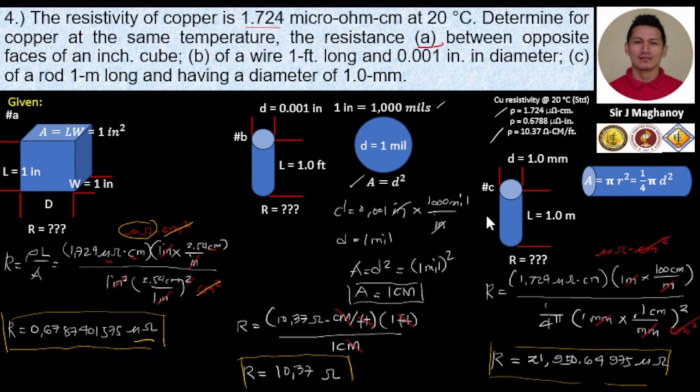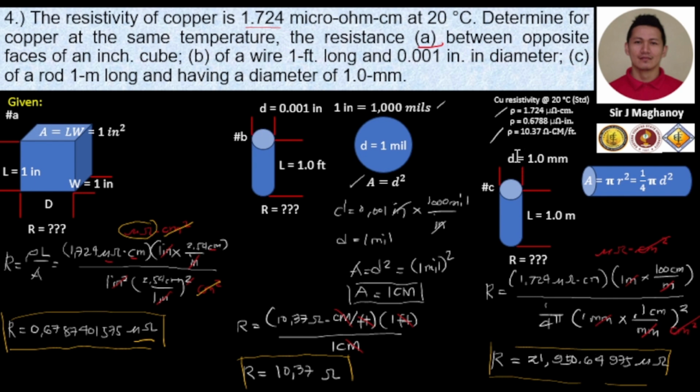For letter C, the resistance of a rod 1 meter long having a diameter of 1 mm. We use the same resistivity, 1.724 micro-ohm centimeter. Since the length is in meter, we convert meter to centimeter so we can cancel out centimeter. For the cross-sectional area, we use the cross-sectional area of a cylinder, which is equal to 1/4 pi times d squared.